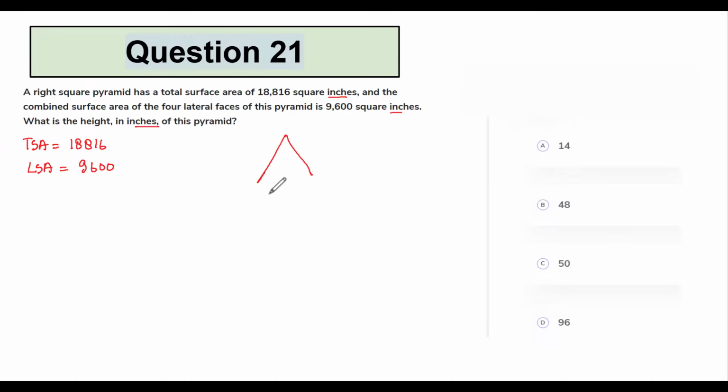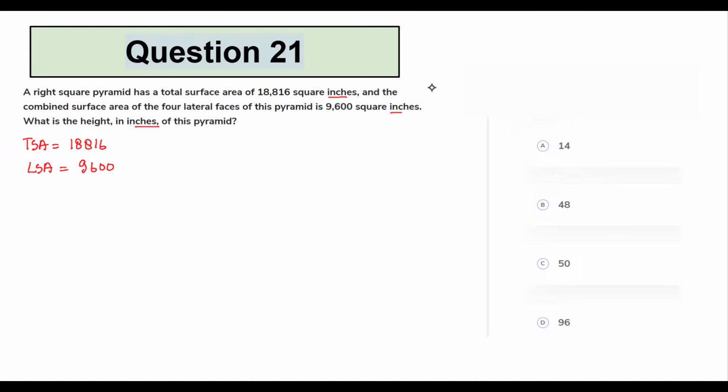What do we mean by lateral surface area? If, let's say, this is my square pyramid, the lateral surface is the area around it, the area of the four triangular faces, and the total surface area is the area including this base. That is the difference.